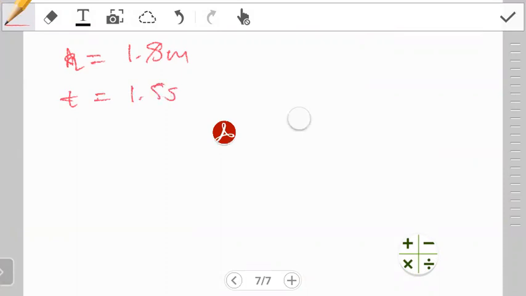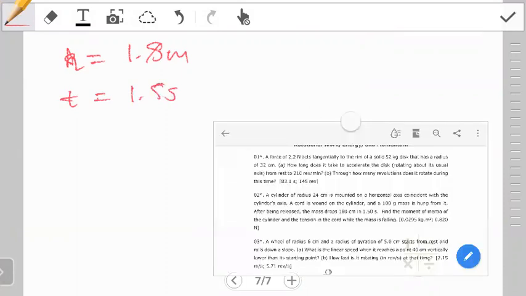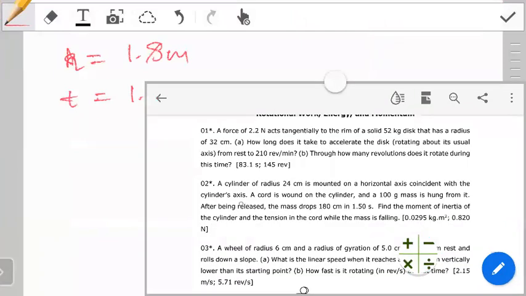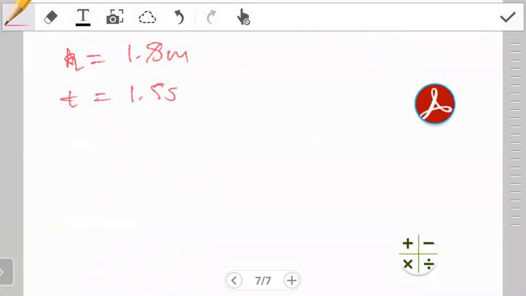You can go through the question if you didn't catch that bit. Let's make this a little bit bigger. So we see it falls through that height during this time. With this information, what we want to find is the acceleration making it fall. We know the starting velocity is 0 since it's released from rest.